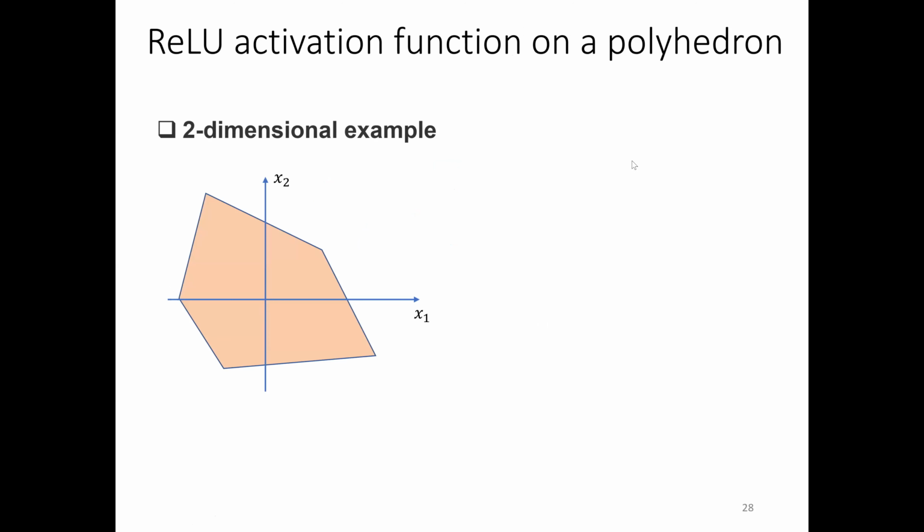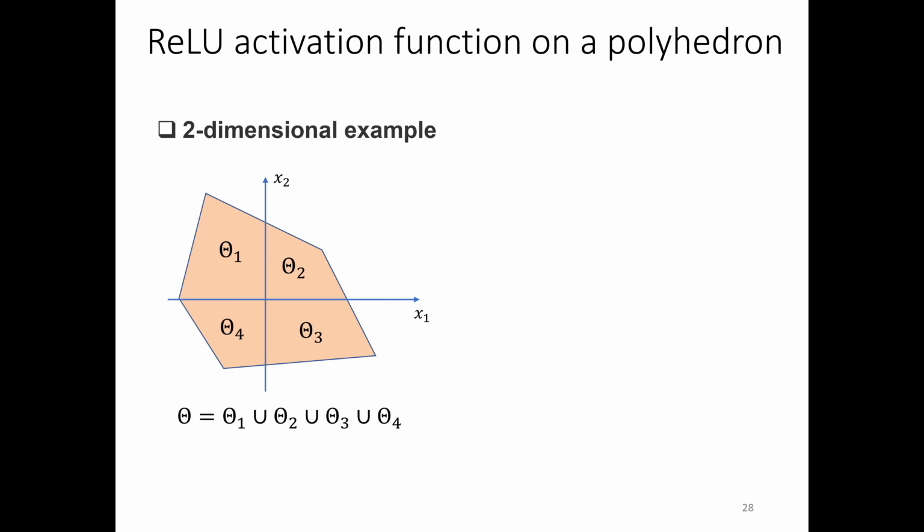So, I'm gonna take a very simple two-dimensional example to illustrate how we can apply a ReLU operation on a set, right? So consider this example, we have a two-dimensional polytope, and we can decompose this polytope into 4 regions, theta 1, theta 2, theta 3, and theta 4, okay?